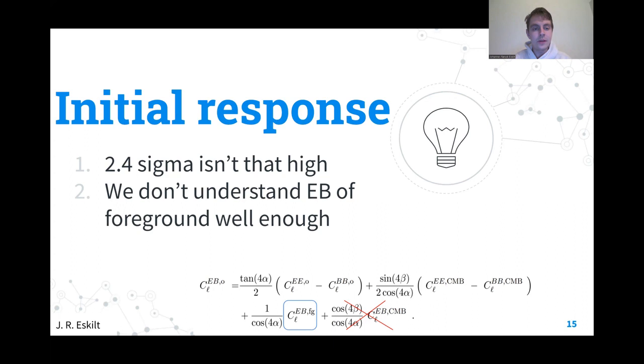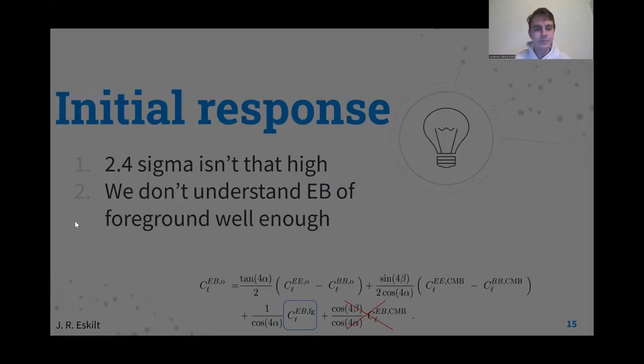And the other initial response was that we don't understand EB of the foreground well enough. It could be that, because they didn't explicitly include it in the equation, if they made a wrong assumption on this, then that could bias their beta. Even though they argued that it probably shouldn't matter that much for dust.